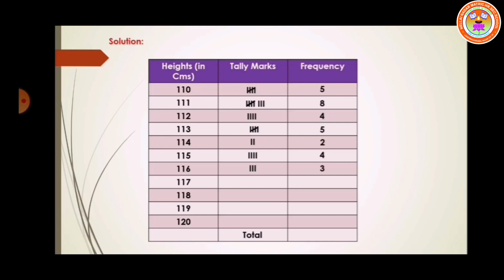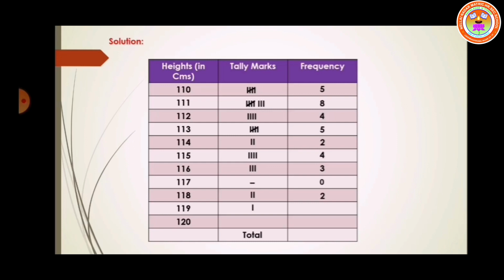There is no child having 117 centimeter height, so in frequency we write 0. Next, for 118 centimeter the tally marks 2. So you have to draw 2 vertical lines, frequency 2.